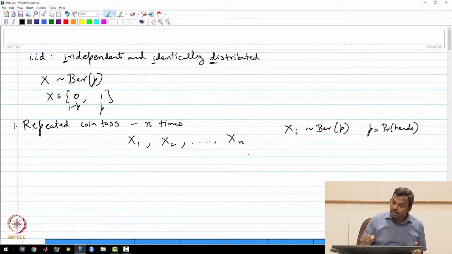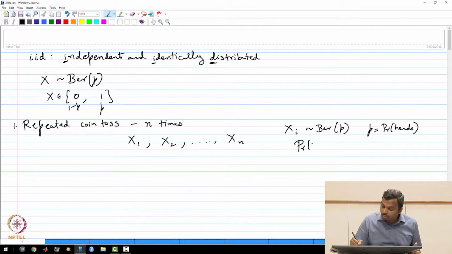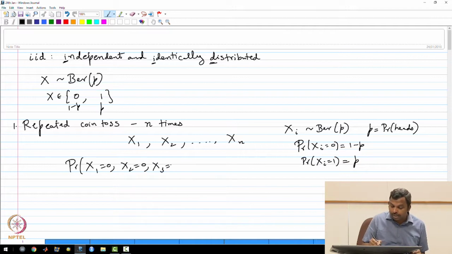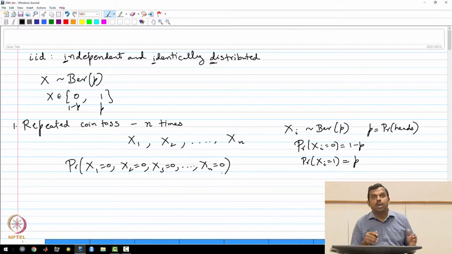So for instance, this is your x1 to xn. When I say xi is Bernoulli, the probability that xi is 0 is 1 minus p. Now, if I were to ask the question, what is the probability that x1 is 0, x2 is 0, x3 is 0, so on till everything is 0? When you have independent and identically distributed random variables, you ask, what's the probability that all of them are 0?